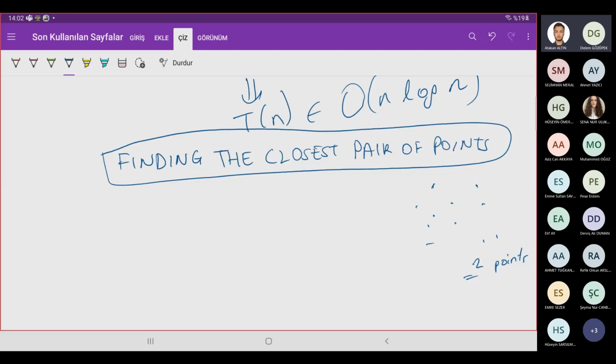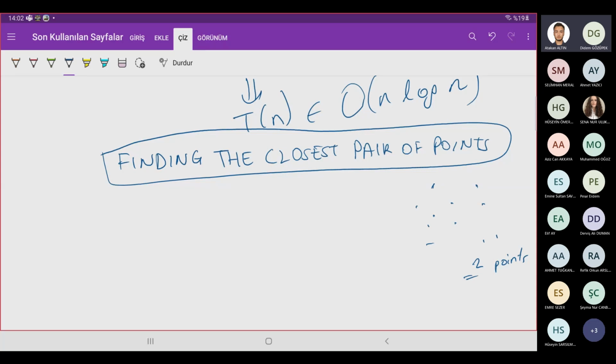N squared, but exactly how? It is n(n-1)/2. It corresponds to what? N choose 2. Okay, combination. Because I'm looking at subsets of size 2.